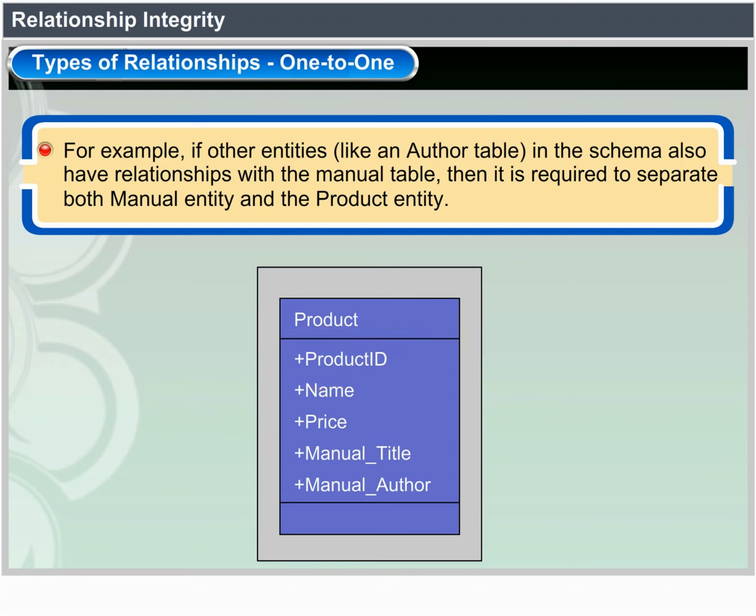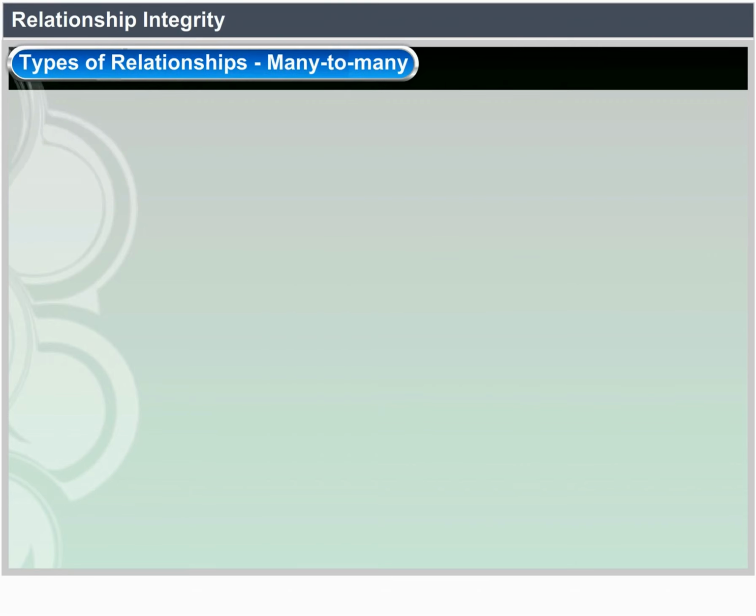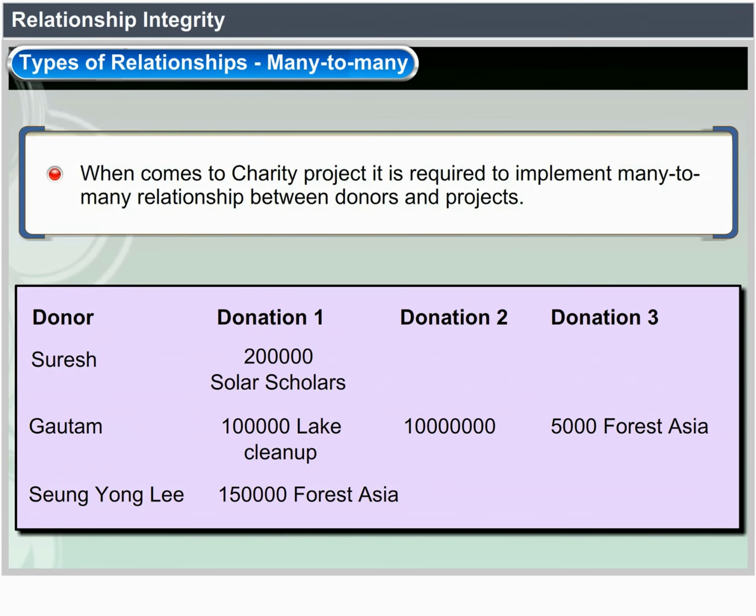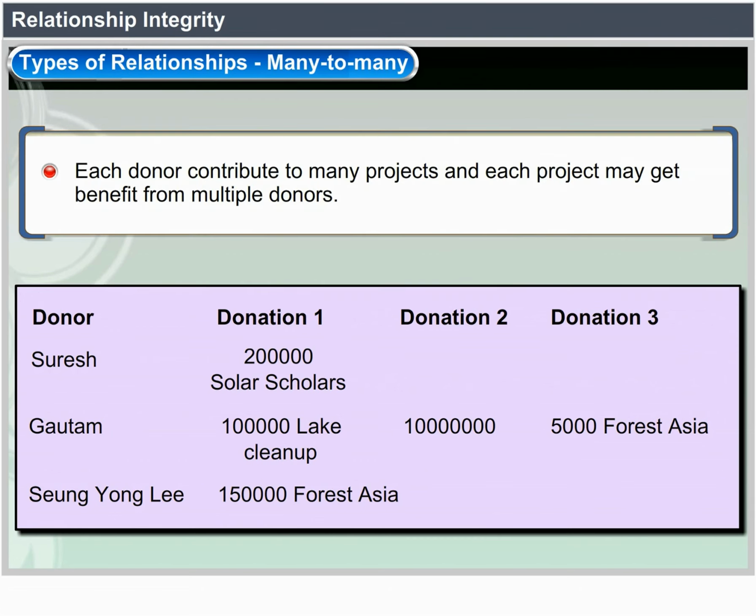Types of relationships: many to many. Many to many relationships are usually represented with the use of mediating one to many tables. Returning to our charity example, we can see that there is essentially a many to many relationship between donors and projects. Each donor may contribute to many projects, and each project may benefit from multiple donors.